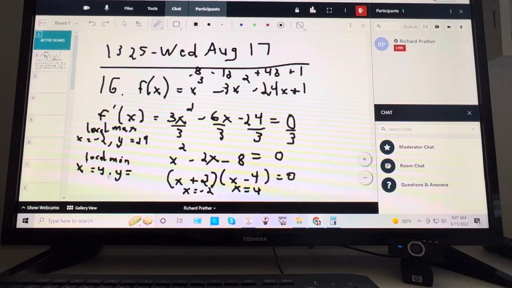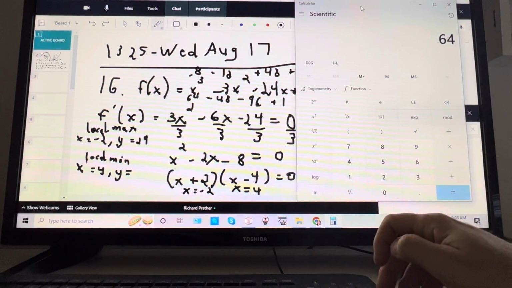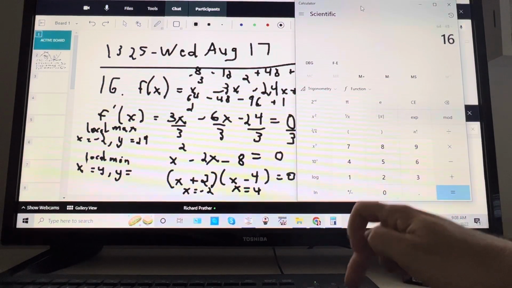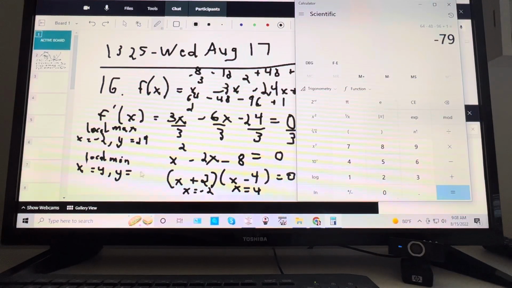And then if you plug 4 in, 4 cubed is 64. 4 squared, 16, times -3 is -48. 4 times -24 is -96 plus 1. 64 minus 48 minus 96 plus 1 is -79.